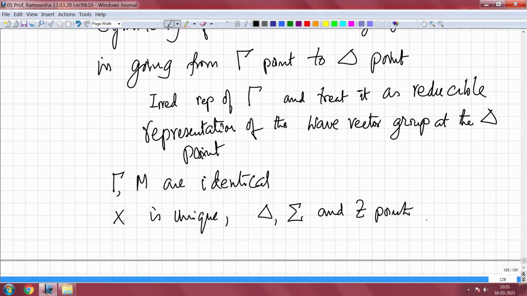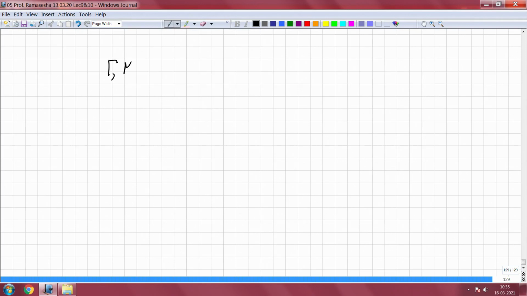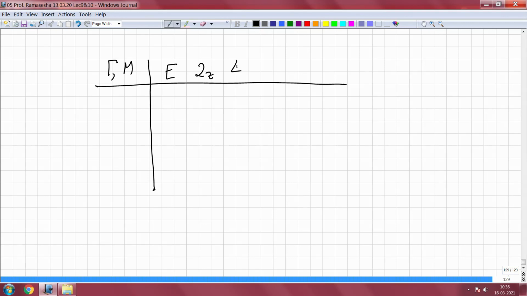The irreducible representations at these points are the following. Let me write down the irreducible representations for these points just to give you an idea. So, you have the gamma or M point, and you have the symmetry E, then the two-fold axis around z, and then a four-fold axis around z and 4 3 z.